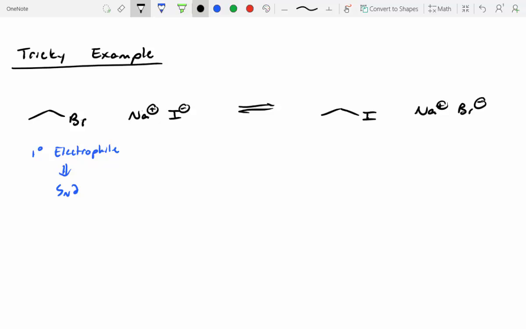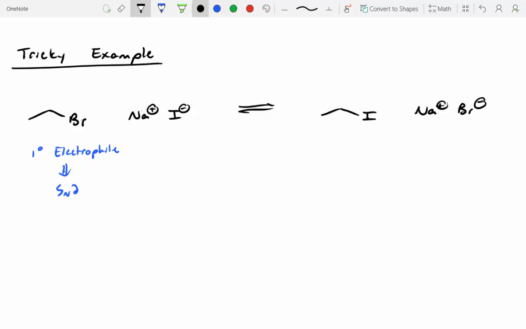What did we just talk about all day yesterday? Solvents, right? If it's SN2, what sort of solvent would we likely want to use? A polar solvent. It's going to be polar, right? Because we need to stabilize that polar transition state.